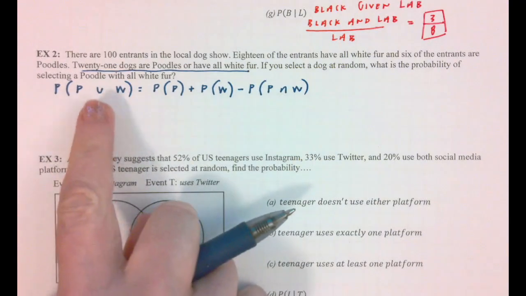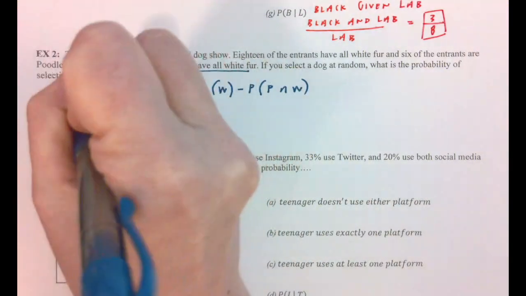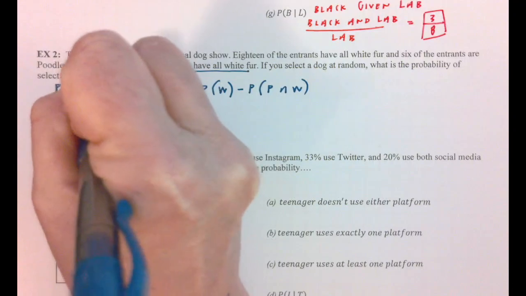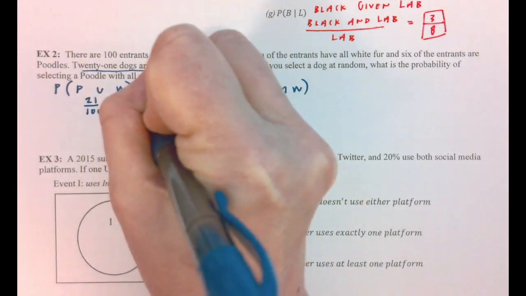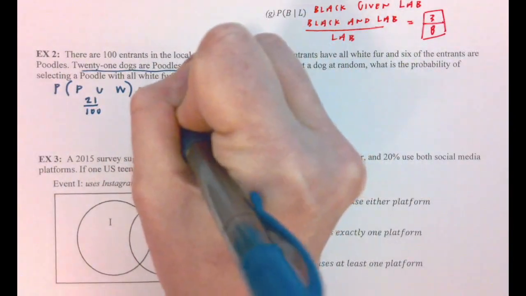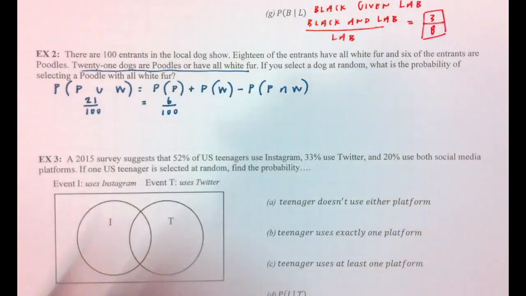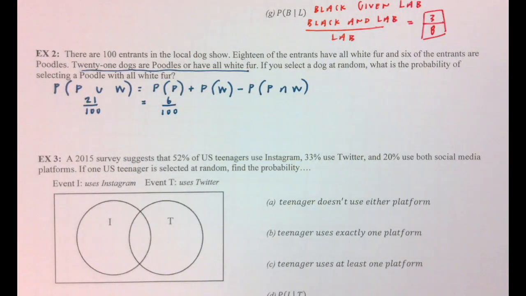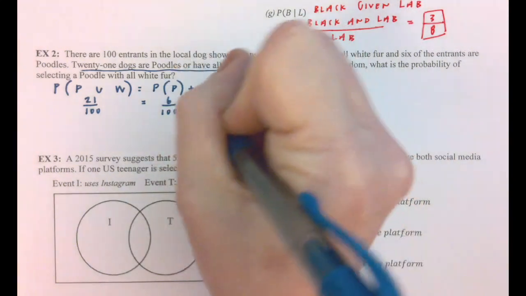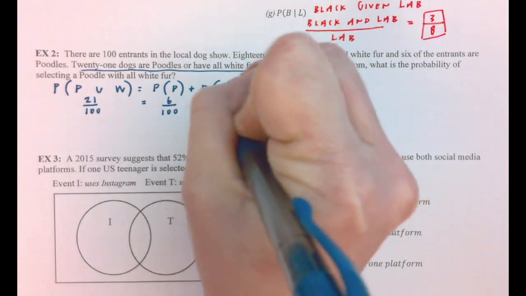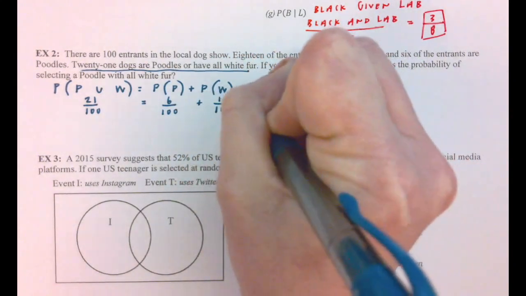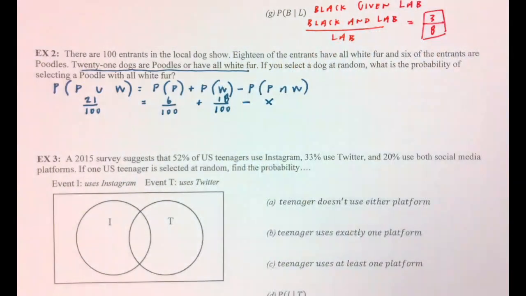We are given the union here, right? That is 21 out of 100 equal to our poodles, 6 out of 100. Okay, and then here I'm looking at white fur. So white fur is 18 out of 100. And then I'm subtracting my x, my unknown. That's what I'm solving for.